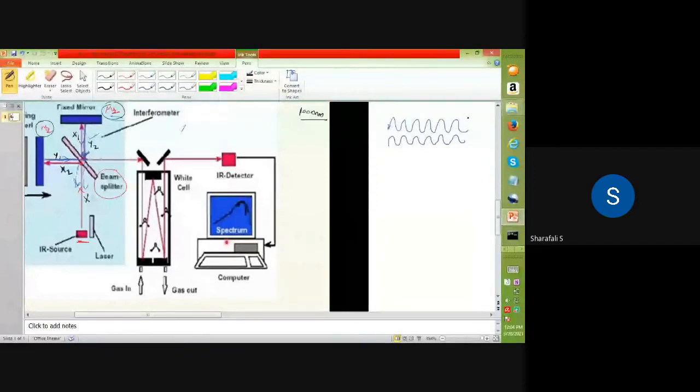So when they meet at the beam splitter, these two beams will be adding.